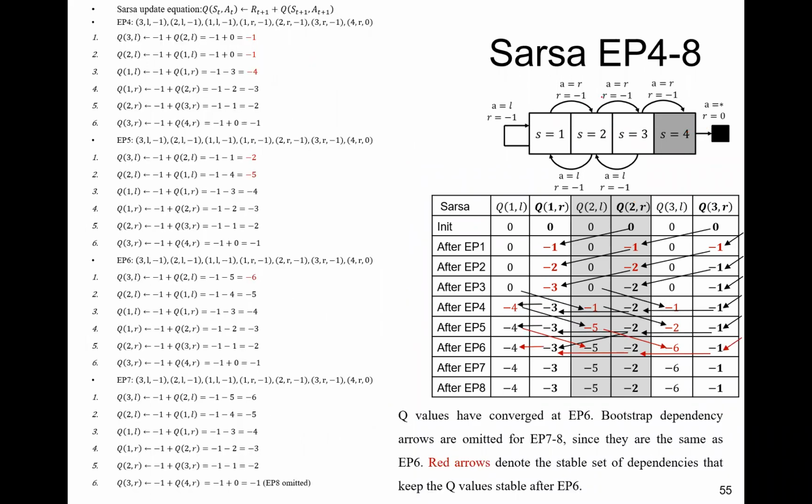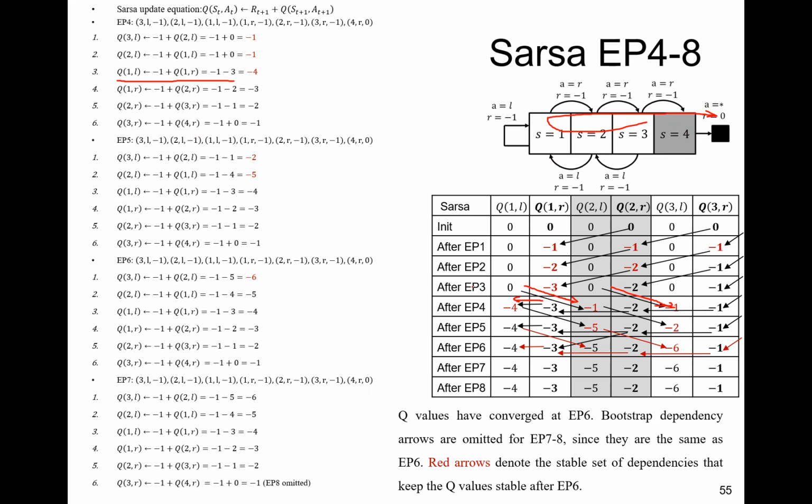For episode 4, the roundabout episode, now Q3 left bootstraps off Q2 left. Q2 left bootstraps off Q1 left. Q1 left bootstraps off itself. No, it bootstraps off Q1 right, because the next action is to go right.